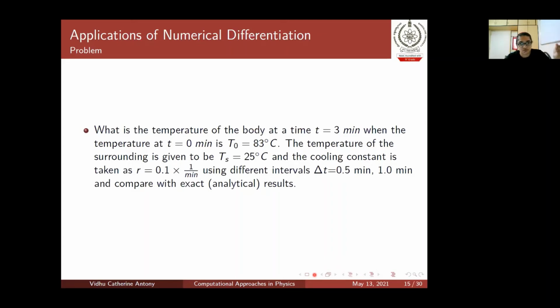The initial temperature of the body is given at the initial time t equal to 0, and the cooling constant is given. So everything is given, and you've been told to calculate it for different intervals: delta t equal to 0.5 and delta t equal to 1.0, and compare with the exact analytic results.